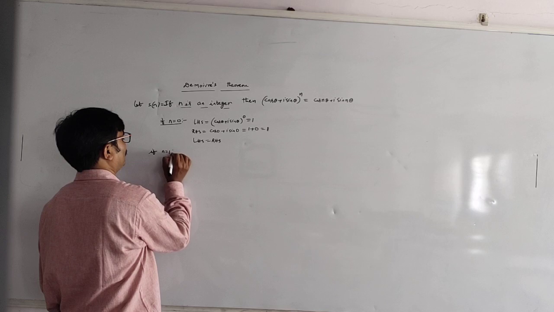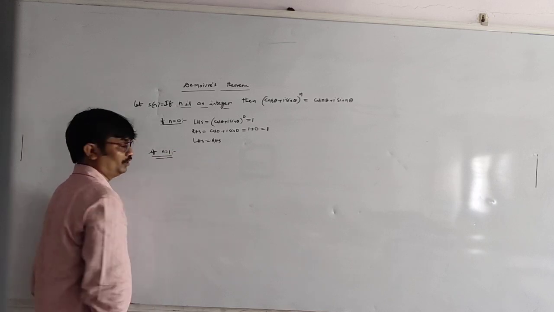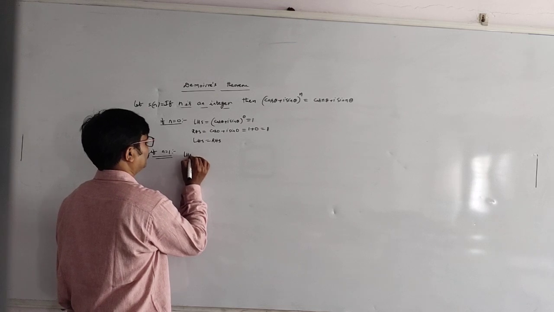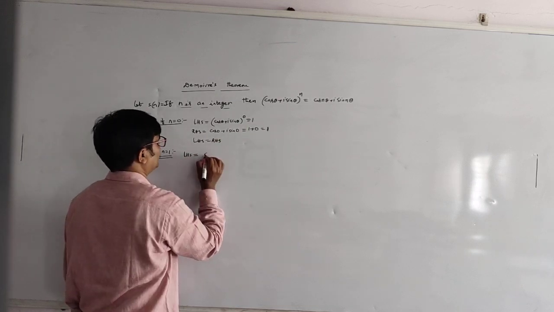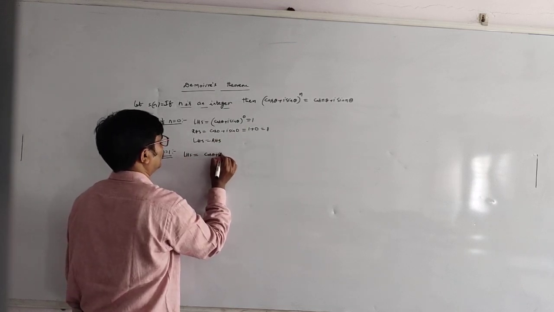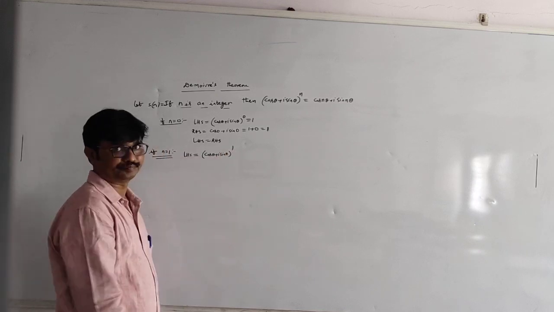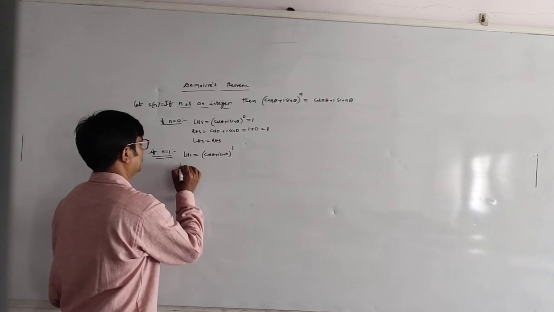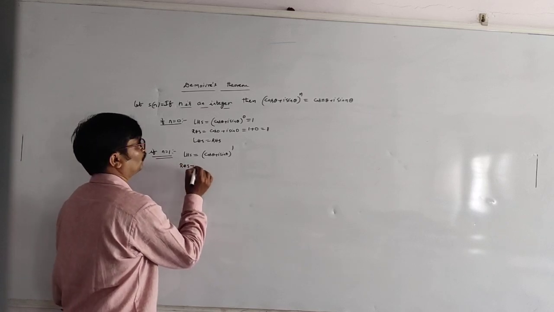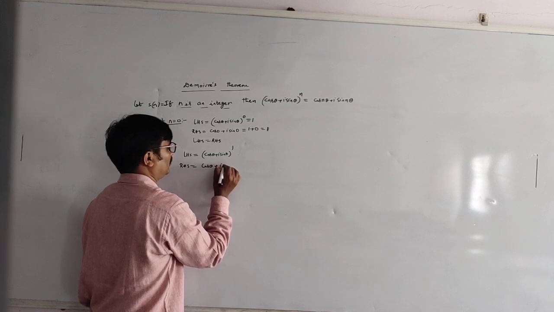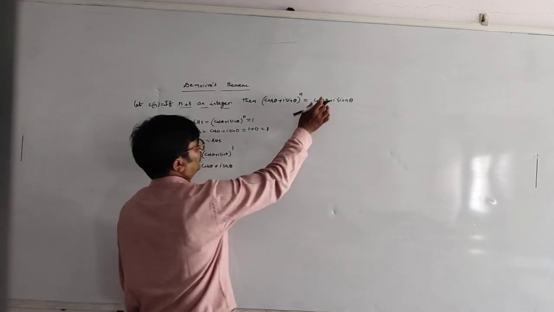If n equal to 1, the left hand side is (cos theta plus i sin theta) whole power 1. The right hand side is cos theta plus i sin theta.